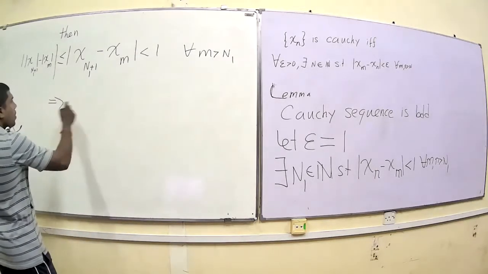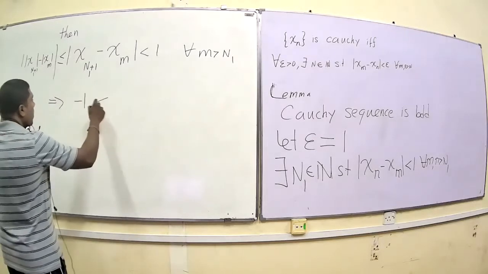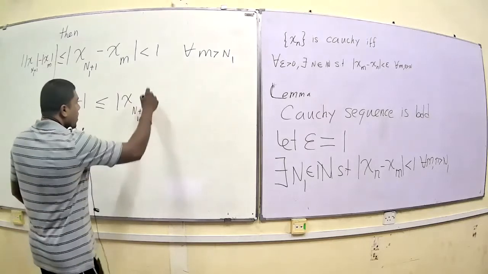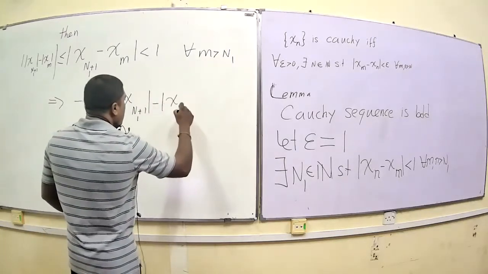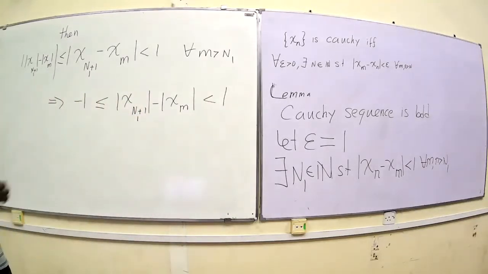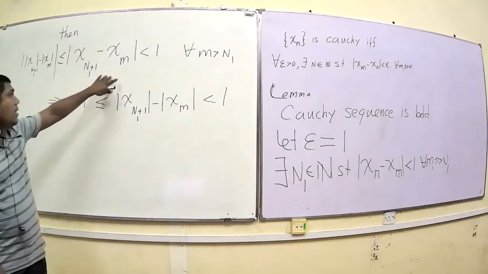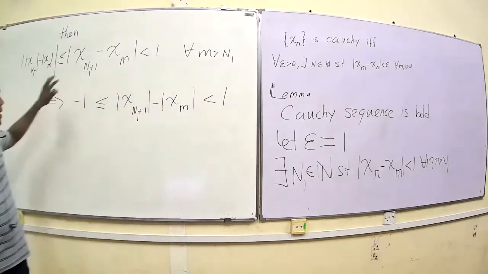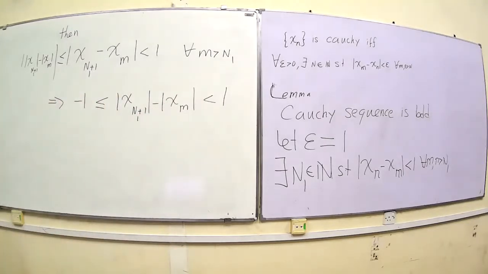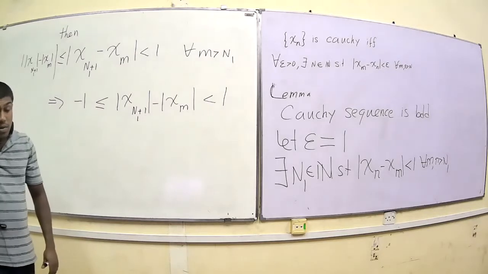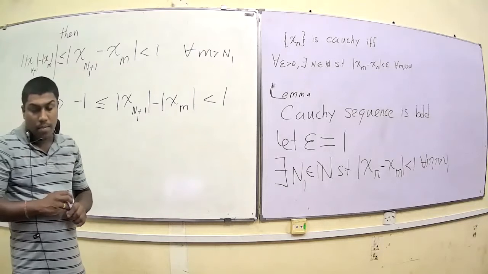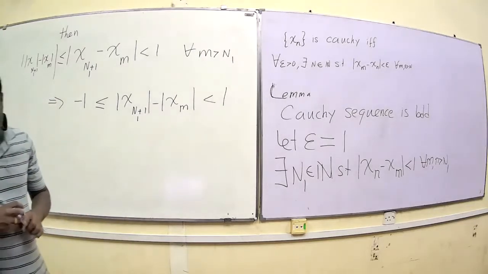If you combine these two, you get minus 1 less than or equal to the absolute value of xn1 plus 1 minus xm, less than 1. Because this is less than 1, but this is less than the absolute value of this. So when you remove the absolute value, you get minus 1 less than or equal to the absolute value of xn1 plus 1 minus xm less than 1.